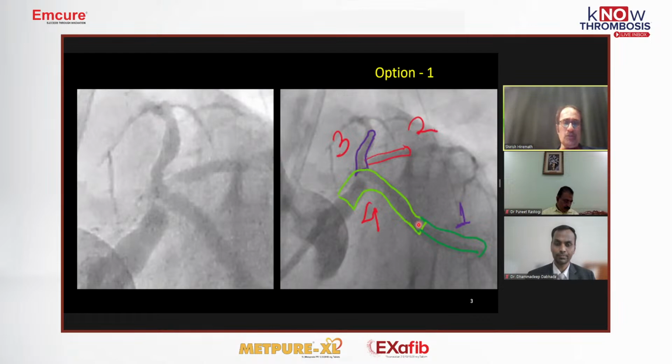Right was also an equally big vessel, but circ was also a dominant vessel. And we thought the diameter of the circumflex matched better with left main compared to the diameter of LAD and left main. So we decided to put stents like this.